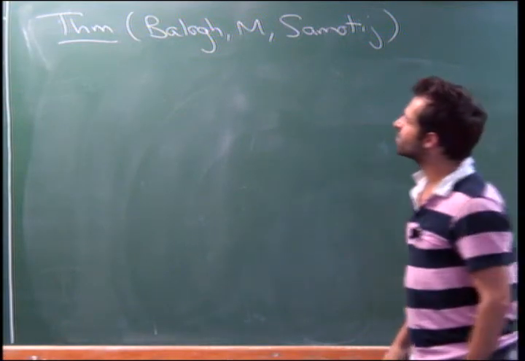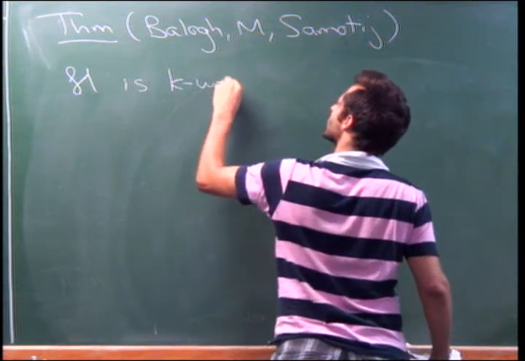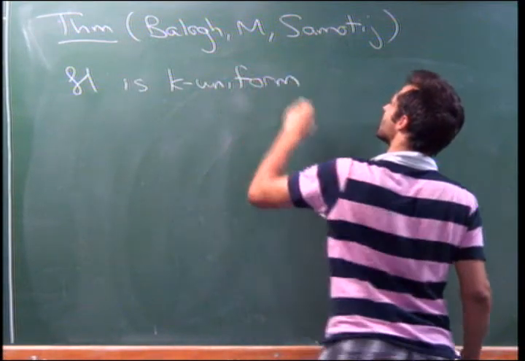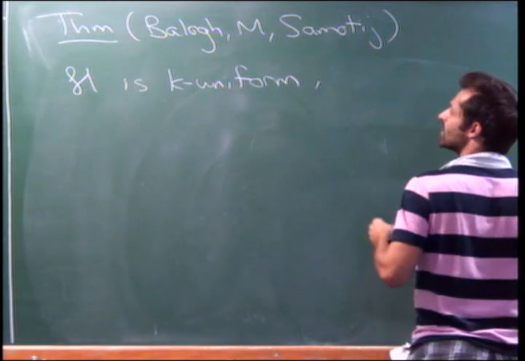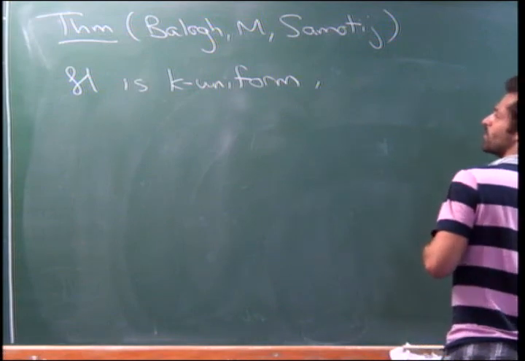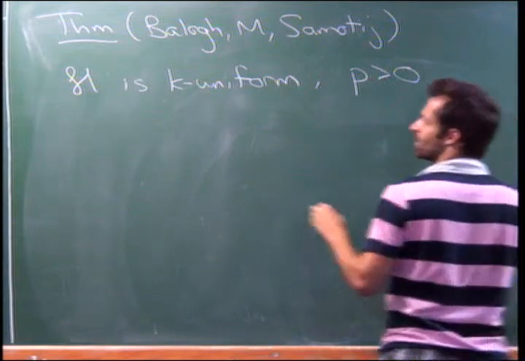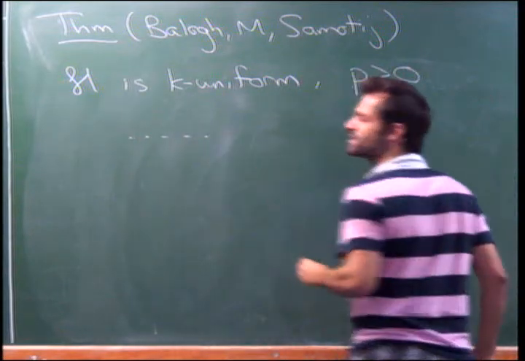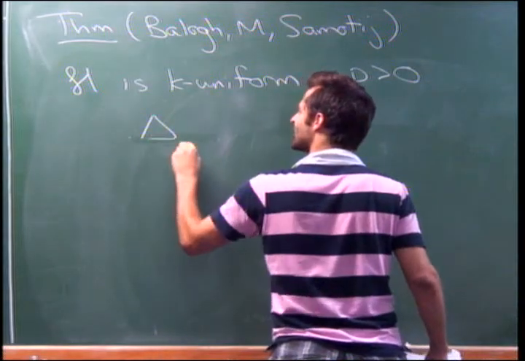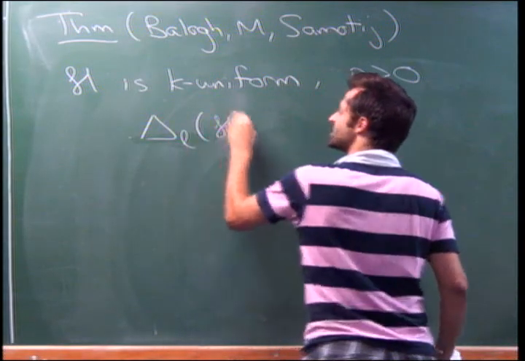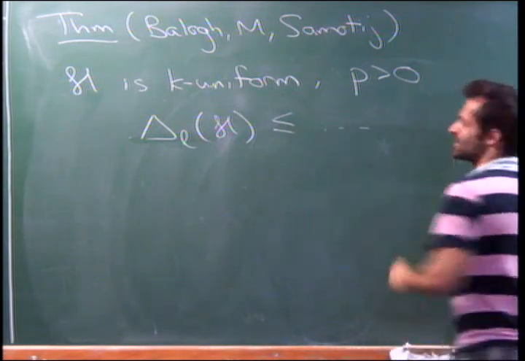This says something like the following. So if H is k-uniform and you have some P, and they have some certain properties which are very simple, but they're basically to do with the maximum degrees of H, or something or other.